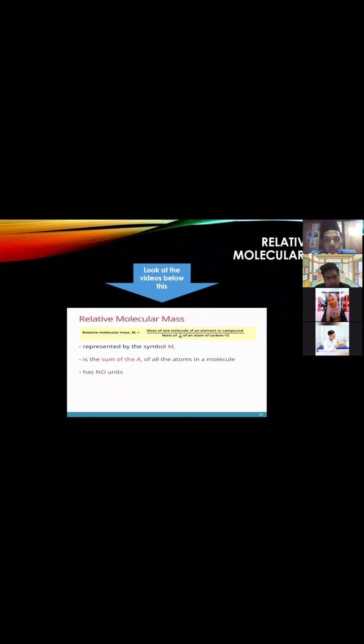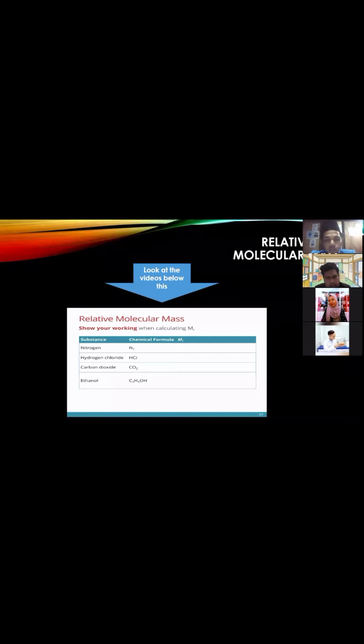Let's take a look at some examples. Nitrogen, N2: there are 2 nitrogen atoms in a molecule, so when we calculate the Mr, 14 is the relative atomic mass of nitrogen. For hydrogen chloride, it's 1 for hydrogen plus 35.5, giving us 36.5.